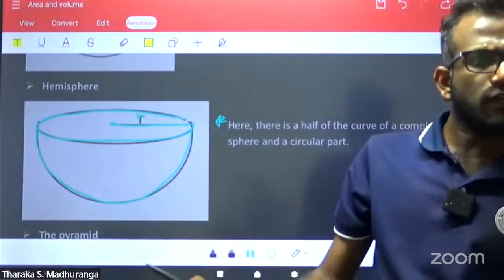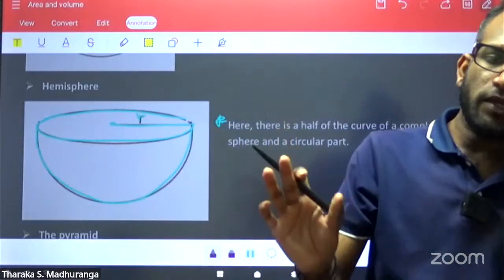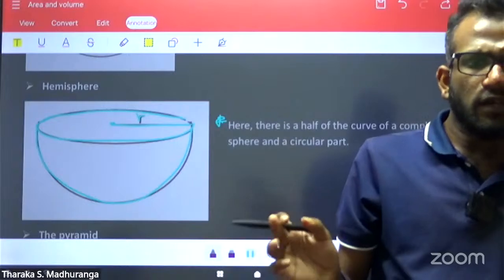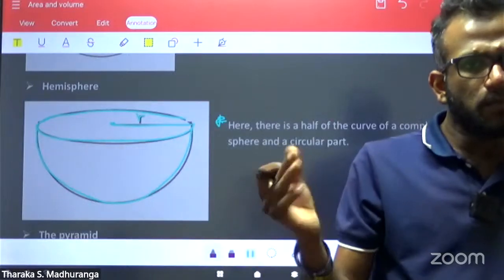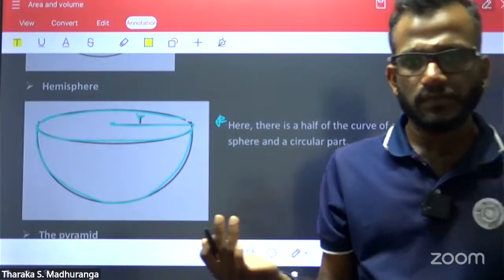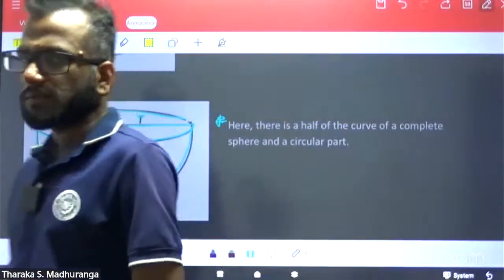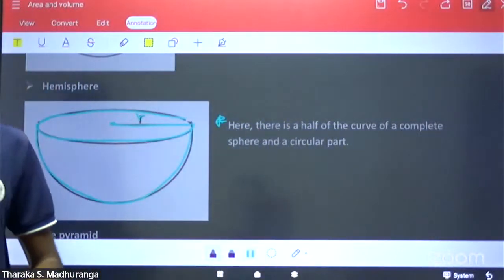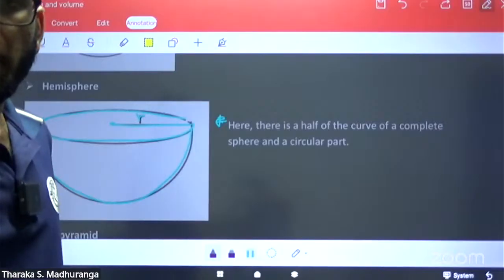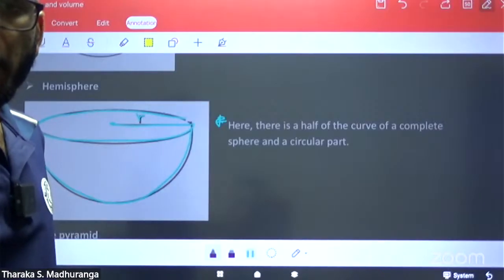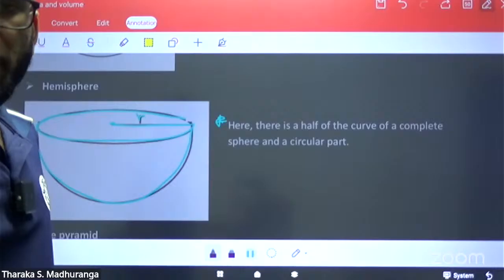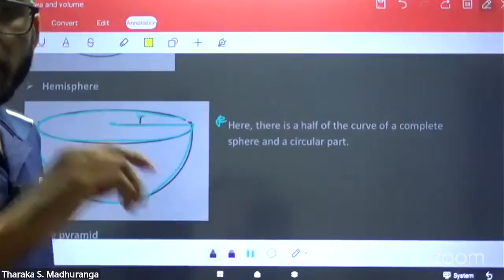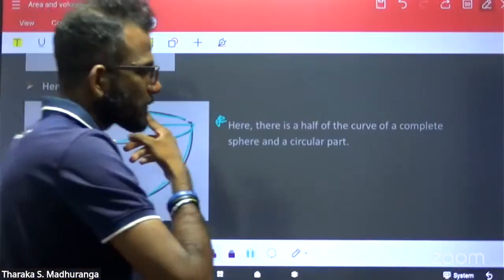Okay, what is the equation now? The full sphere is 4 pi r squared, and half a sphere means hemisphere. What is the equation? No, Tumul, wrong. Very good, Kabir, correct.